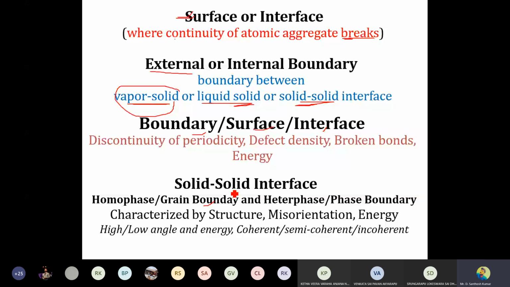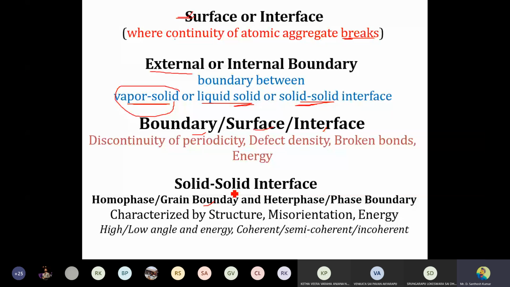So what is the grain boundary? How do we define a grain boundary, and how do we define a phase boundary? See, whatever entities across a particular boundary have the same crystal structure and the same composition, with only a difference in orientation, we simply call it a homophase or grain boundary.